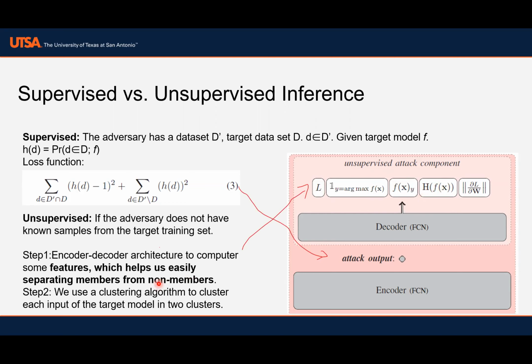And in the second step, they use a clustering algorithm to cluster each component into two clusters. The two clusters would be the membership cluster and the non-membership cluster.